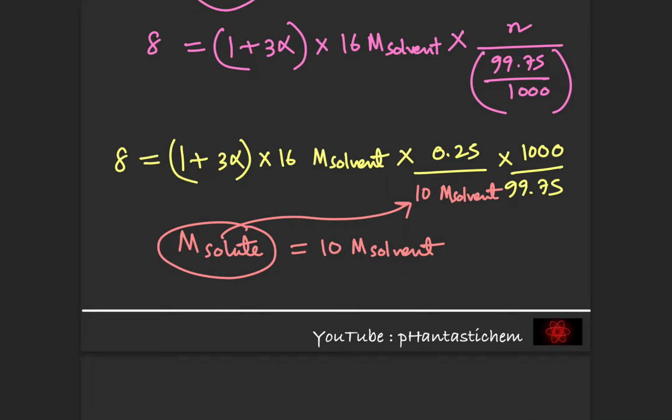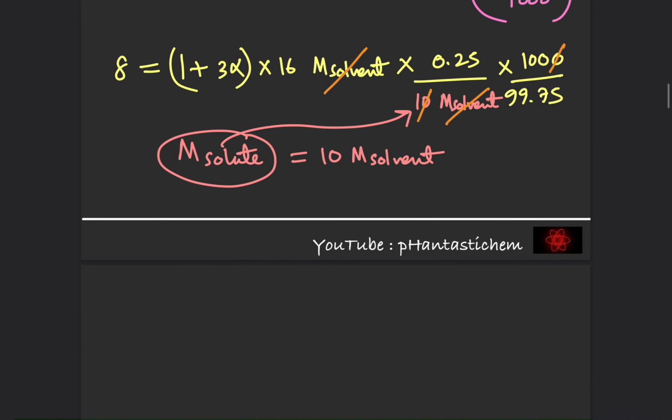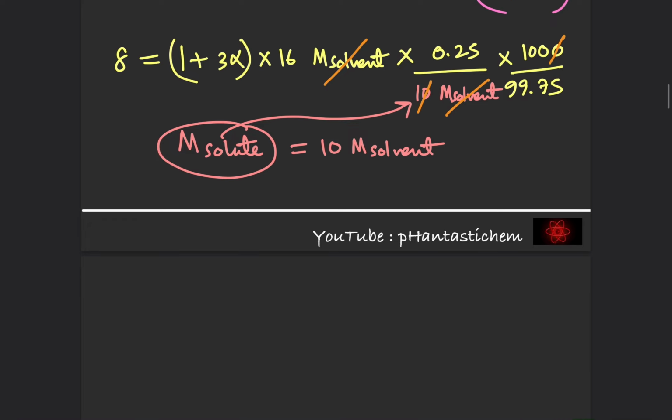Therefore, this and this get cancelled, and this 10 and this 100 get cancelled. So when we bring all these towards the left, I'll get 8 into 99.75 divided by 16 into 0.25 into 100 is equal to 1 plus 3 alpha.